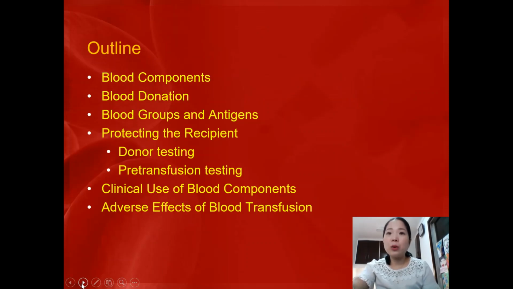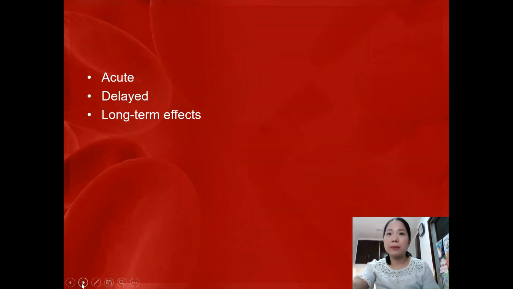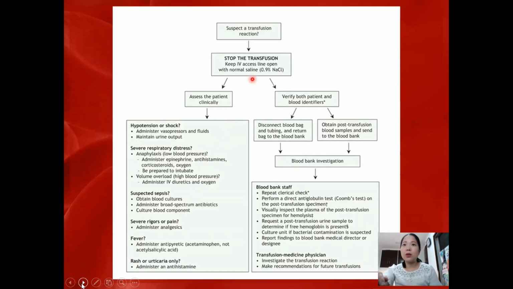So we now go to the adverse effects of blood transfusion. It can be acute, delayed, and some with long-term effects. So if you suspect a transfusion reaction, what do you do as your future clerks and future interns?